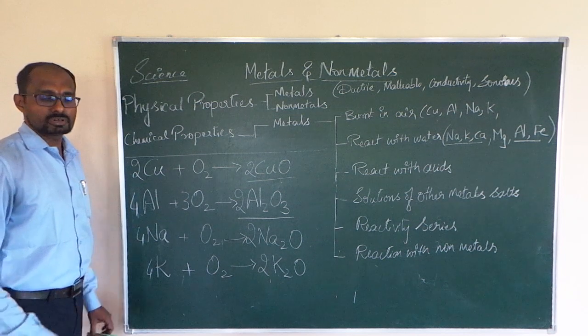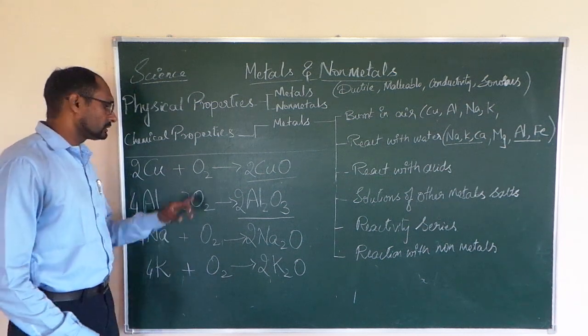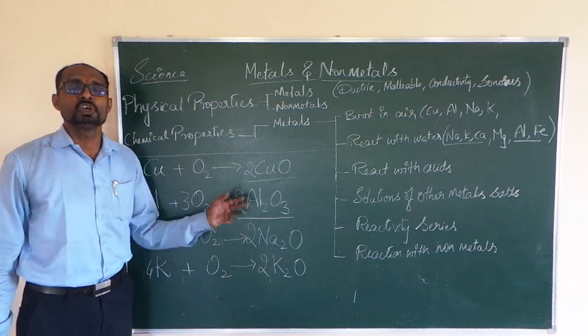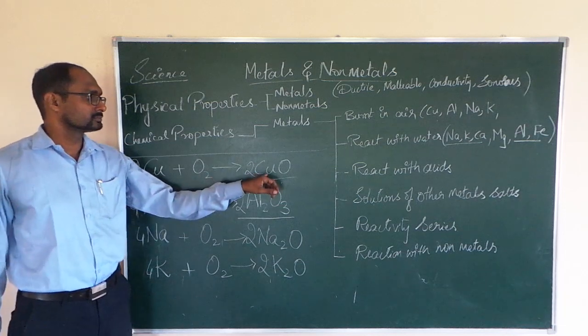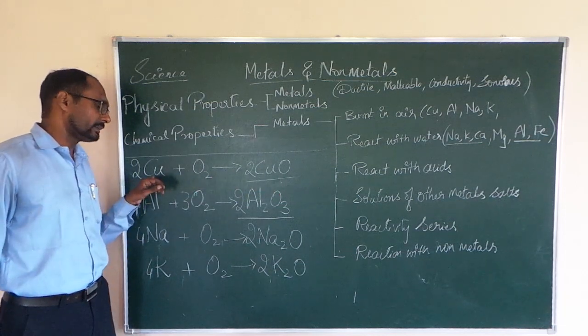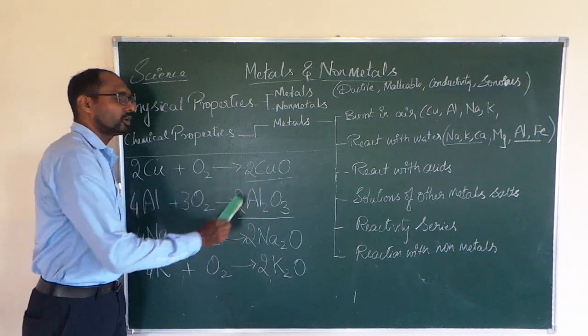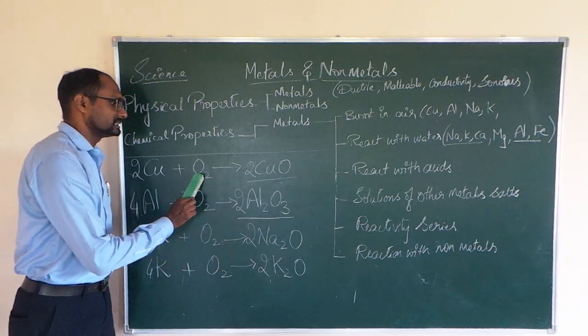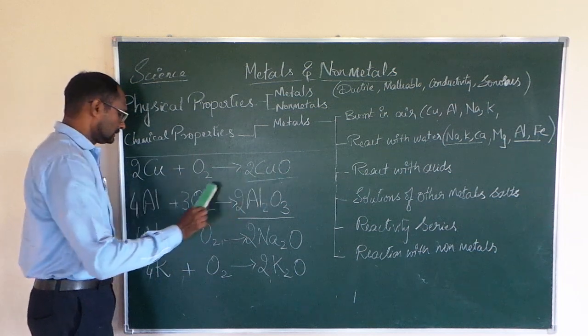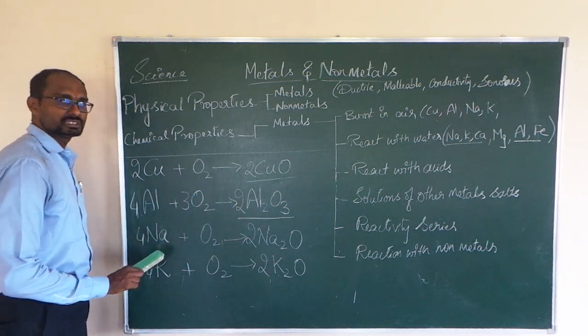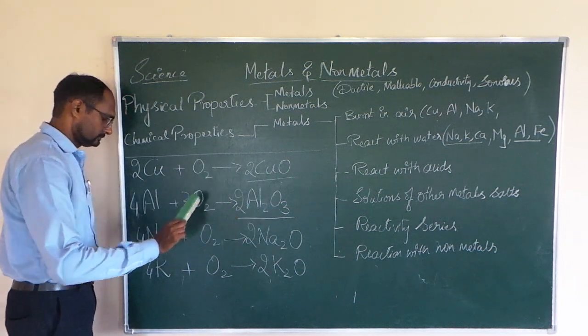So what do we notice in all these 4 reactions? We notice that always when metals are reacting with oxygen, we are getting metallic oxide. Copper reacts with oxygen, we get copper oxide. Aluminium reacting with oxygen, we get aluminium oxide.